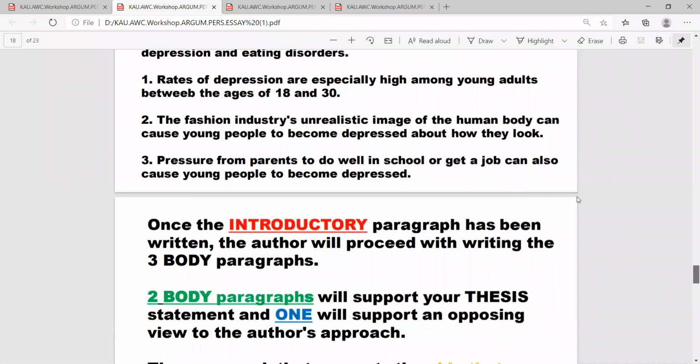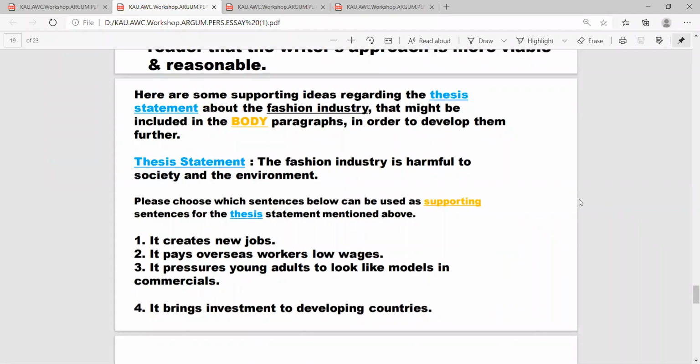This statement is that the industry is harmful to society because it tries to change people's attitude, and when they don't succeed in dressing or looking like the models in commercials, they become very depressed. Also, it harms the environment because once clothes are out of date, people throw them away.